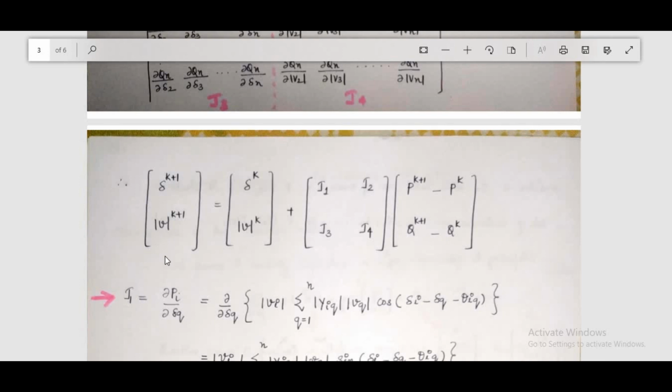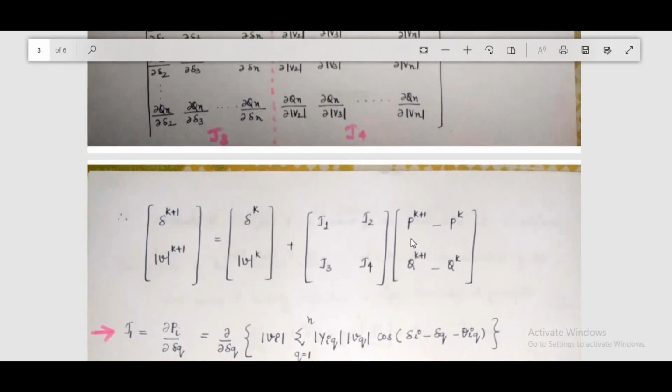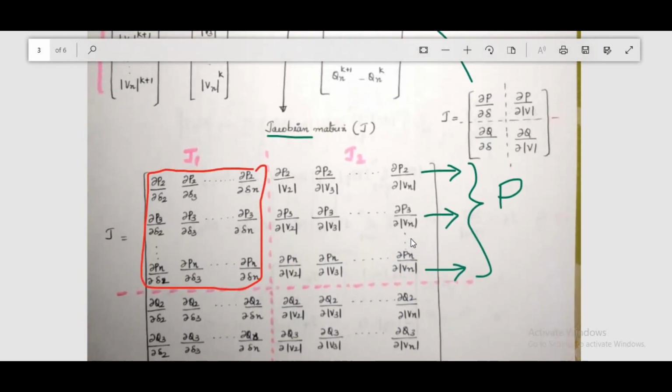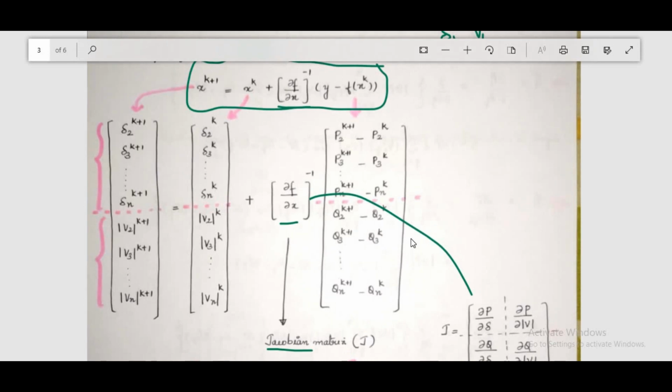Similarly, instead of writing the entire V, we have represented it by a single V. Instead of writing P2, P3, P4, etc., we have written a single P. Instead of writing Q2, Q3, Q4, etc., we have written a single Q. So this is a basic equation, or this is a main equation. As a main equation we require it for solving the problems in the Newton-Raphson method.